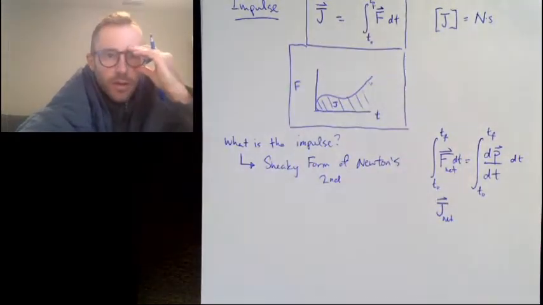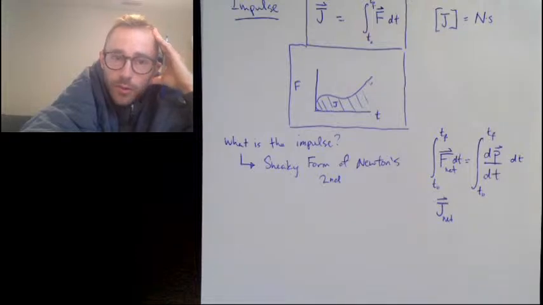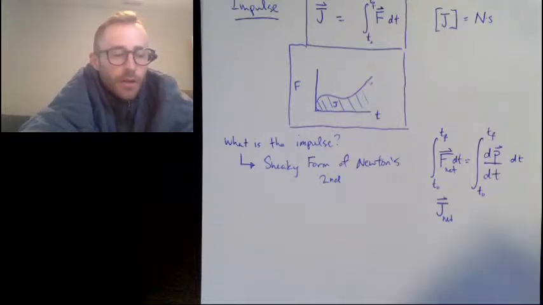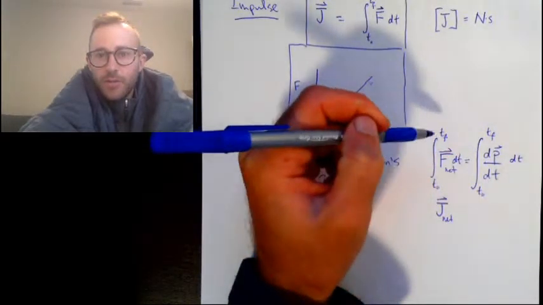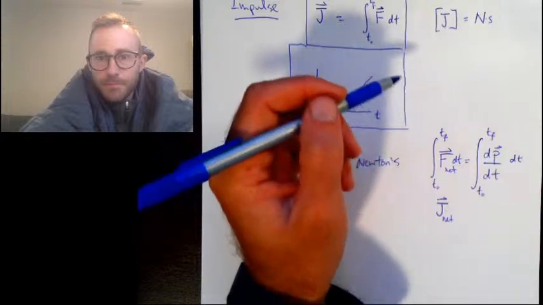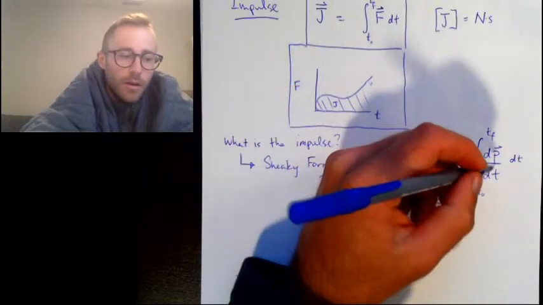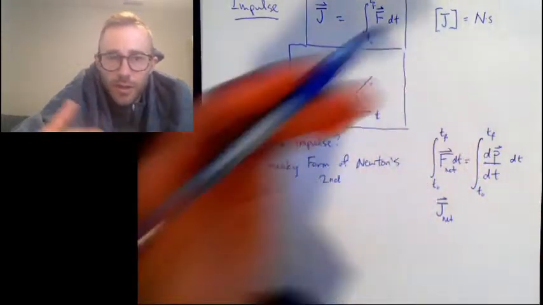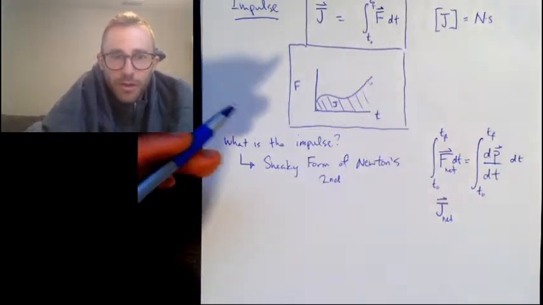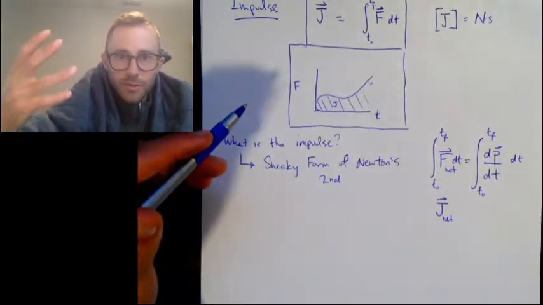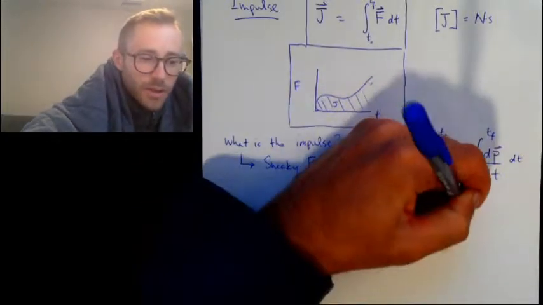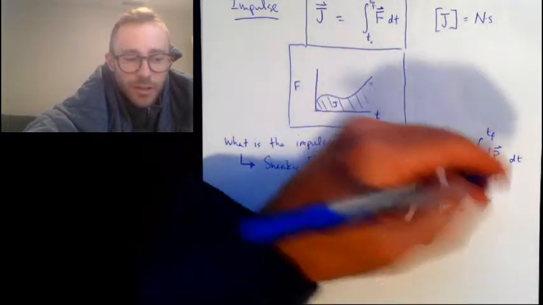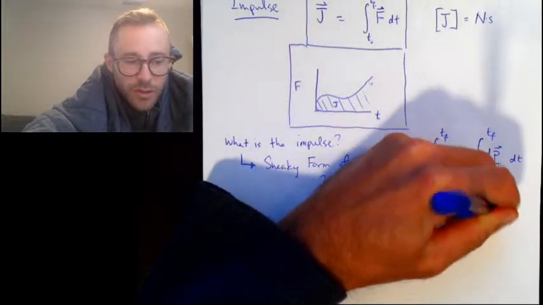On the right-hand side, I'm integrating the derivative of the momentum. When you integrate a derivative, remember, integration is the reverse of a derivative, so you just get back the original function, evaluated at final minus initial. So this is equal to the change in momentum.